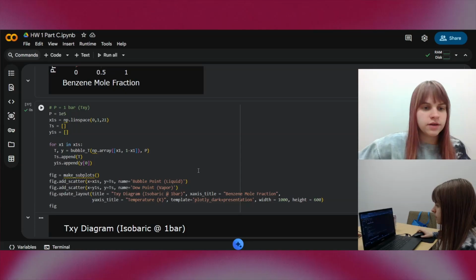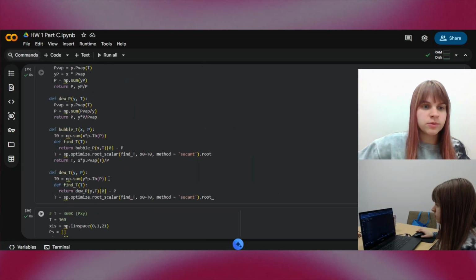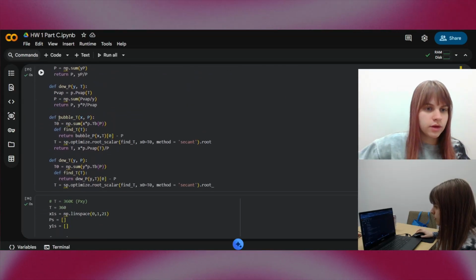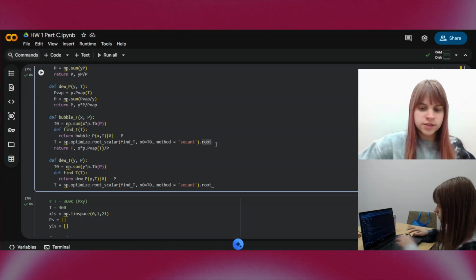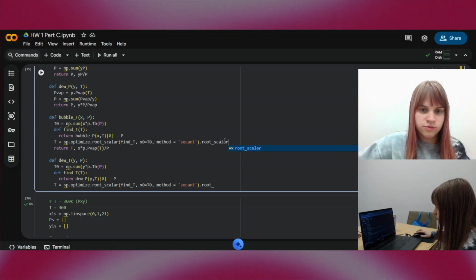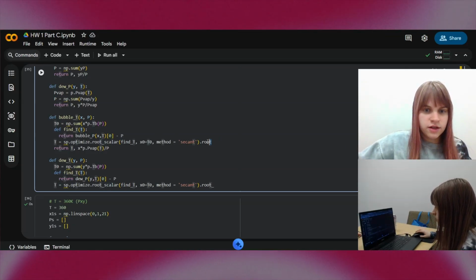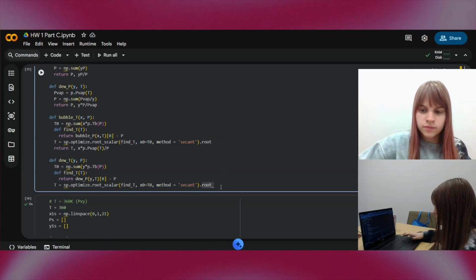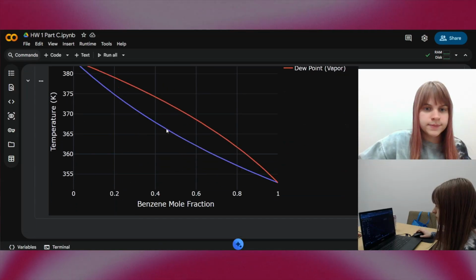Okay, I found where I went wrong. I was pulling this bubble temperature, and up here, instead of doing dot root, I did dot root scalar, which was not giving me any real values. So just getting rid of that. Dot root should be good.